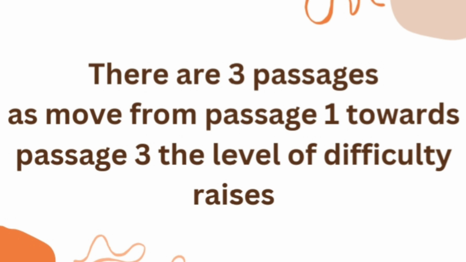That means section 1 has 2 passages and section 2 also has 2 passages. So this is the biggest difference between the 2 readings, that is the GT reading as well as the academic reading. Well, the third section is quite similar to that of the academics.